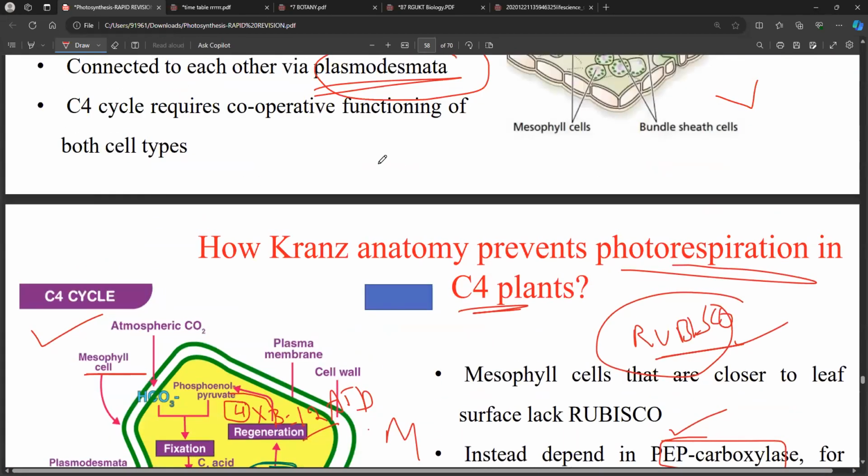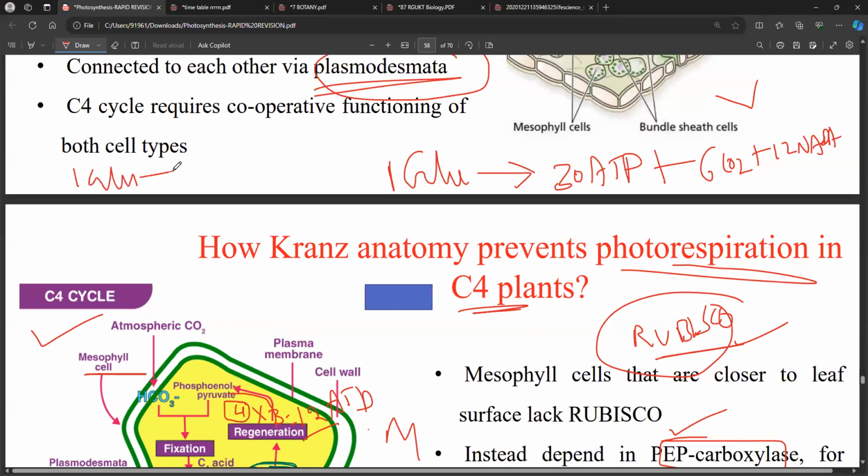So my friends, the question is crystal clear. In the case of C4 plants, in order to produce 1 glucose molecule, we require 30 ATP molecules, 6 carbon dioxide plus 12 NADPH. There's no difference. When it comes to C3 plants, for 1 glucose, we require 18 ATP, 6 carbon dioxide and 12 NADPH.